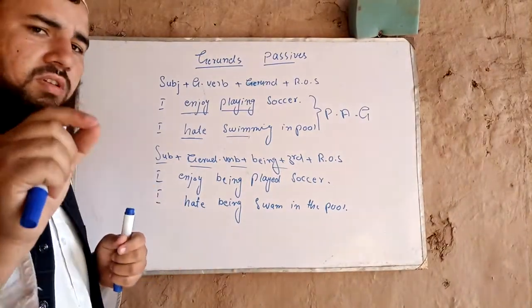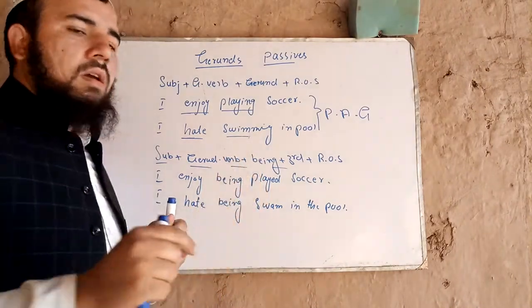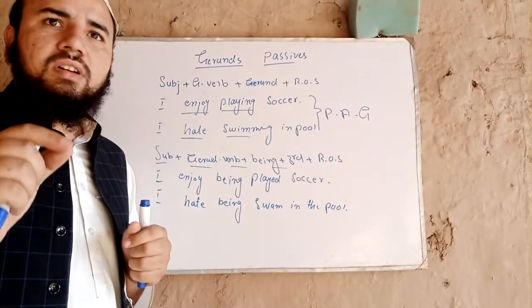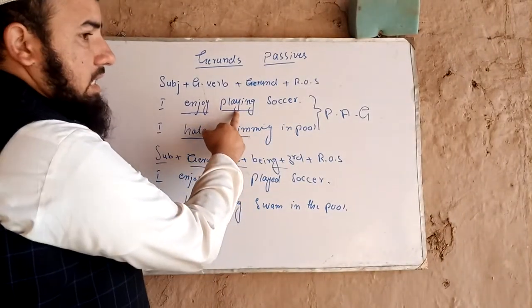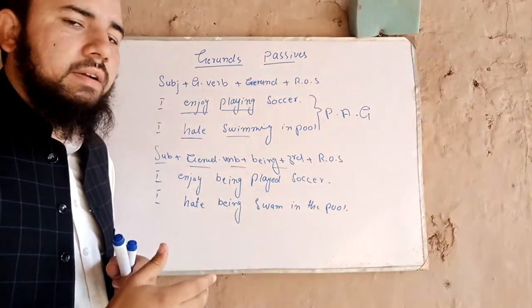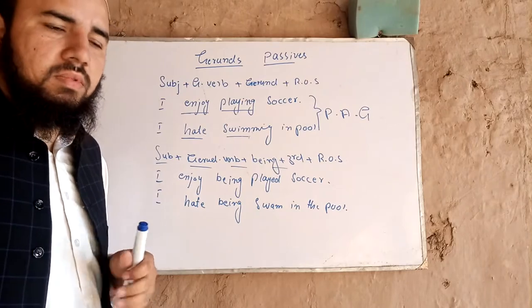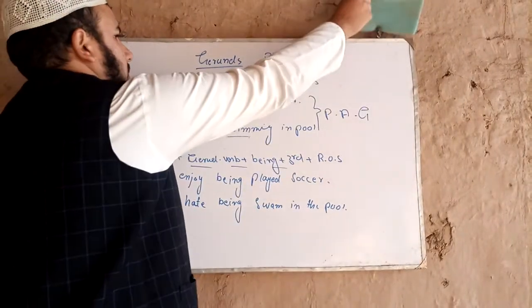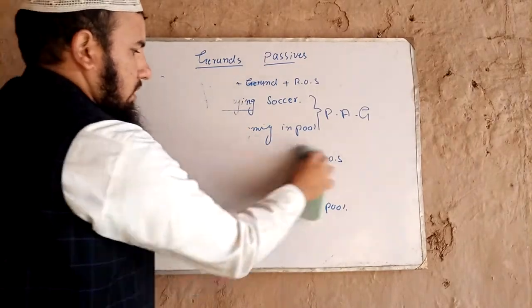So we just add being in the structure as I wrote here, and after being the gerund will be changed to the third form of the verb. Like here playing is our gerund, so I change it to the third form of the verb, played. So here is swimming, I change it to swam. Is that clear?